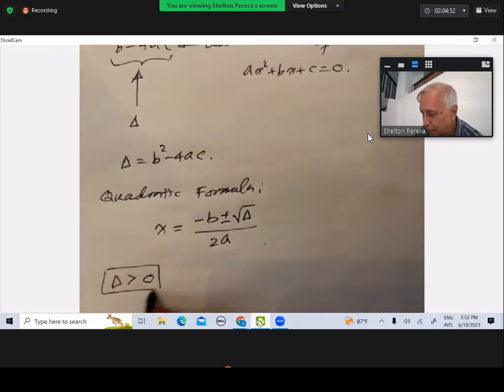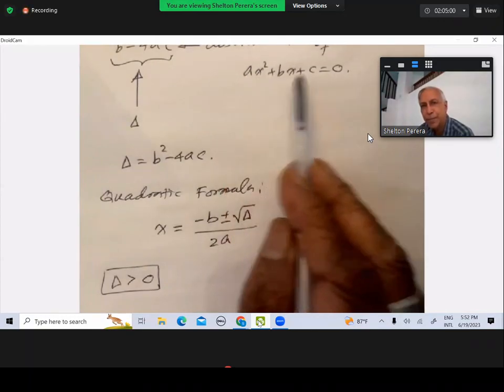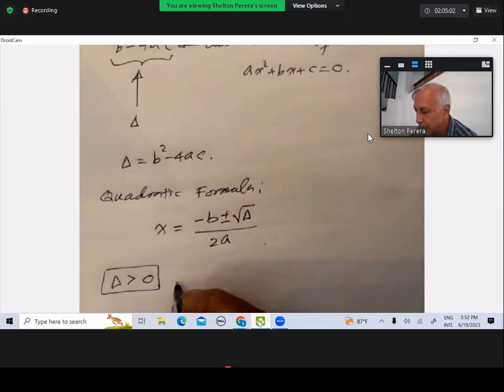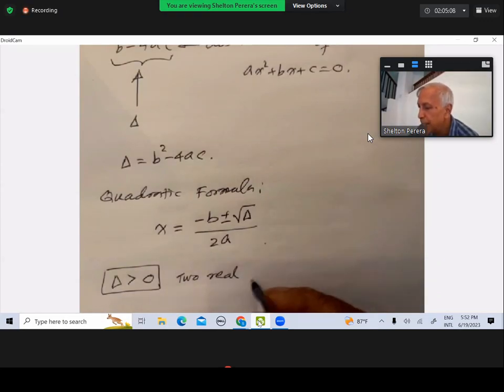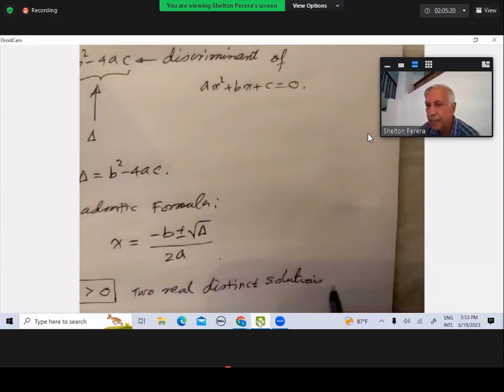The quadratic equation ax squared plus bx plus c equals 0 has two real distinct solutions, or roots. Solutions are the same as roots.